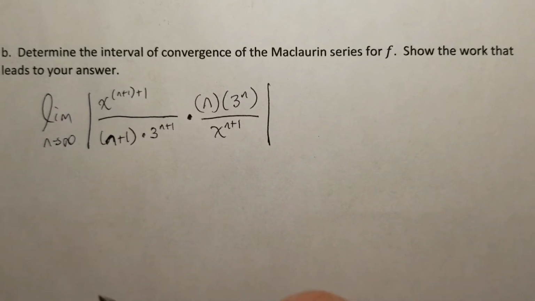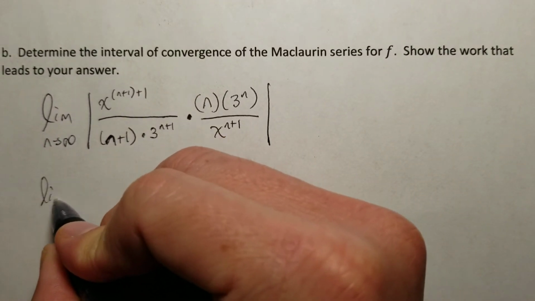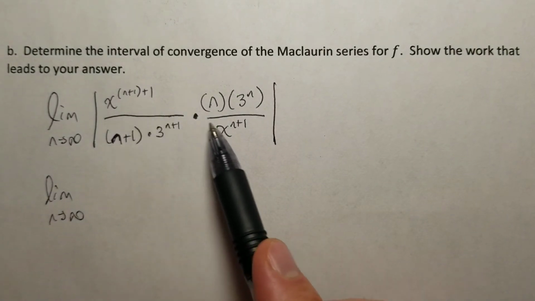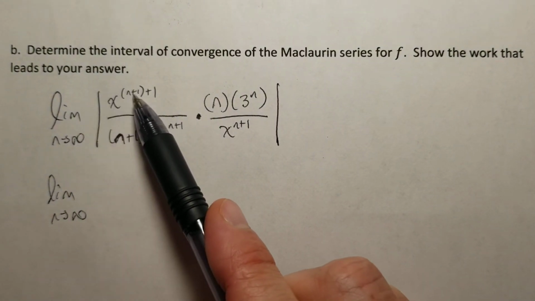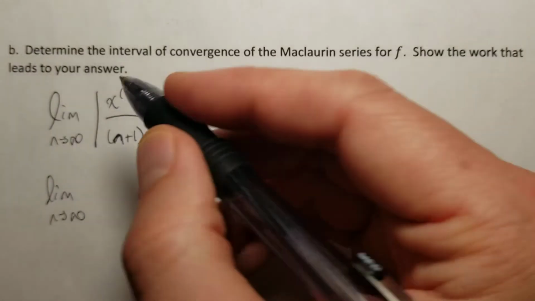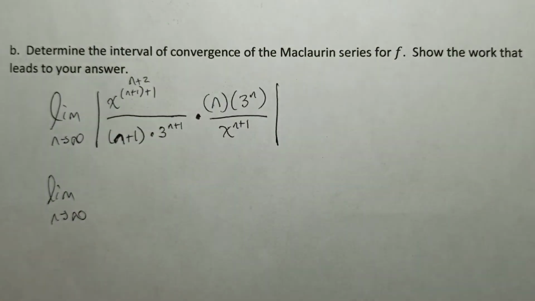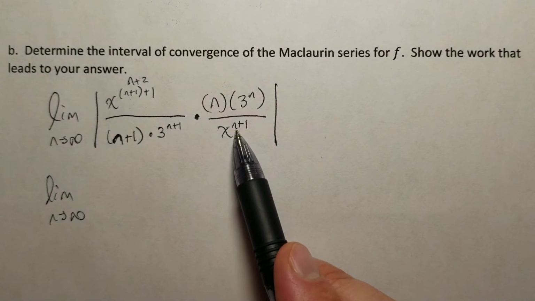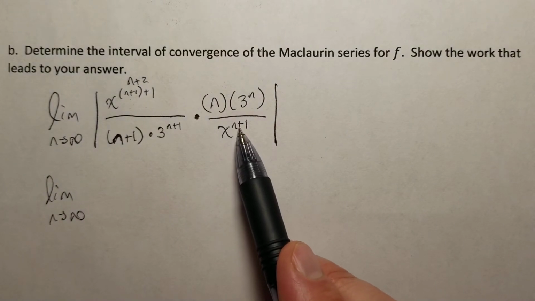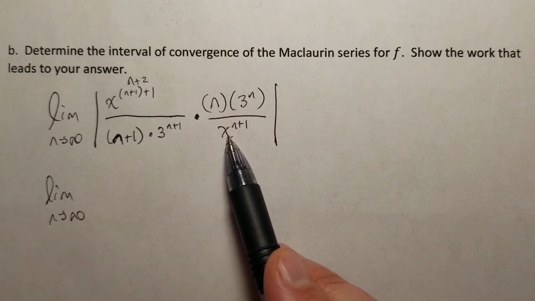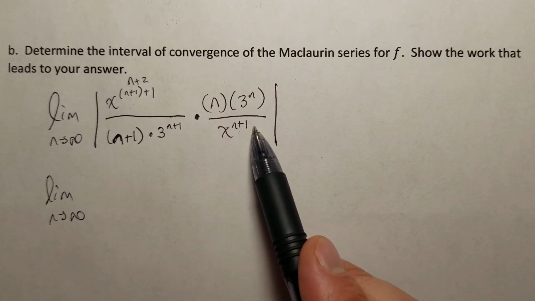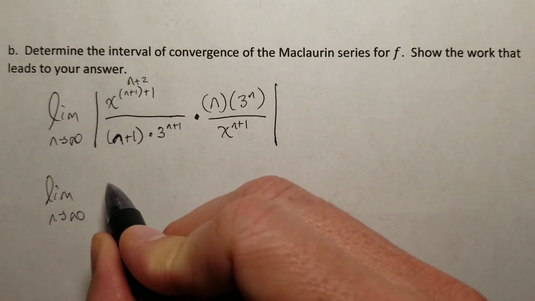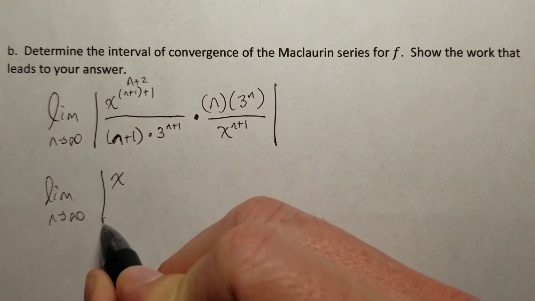Now let's do some simplifying here. That looks fairly complex. So limit as n goes to infinity. I'm going to start here with my x term. X to the n plus 1 is really x to the n plus 2. And if I subtract the exponent of the denominator for my base x, n plus 2 minus n plus 1, the n's will simplify out and I'll just end up with 2 minus 1, which is just x to the first power, so x in the numerator.